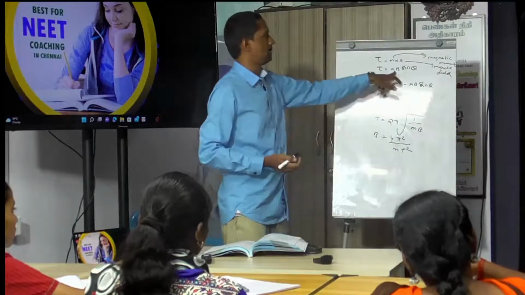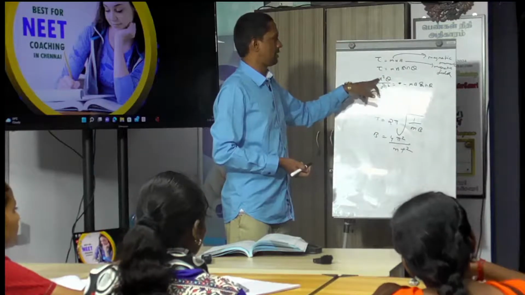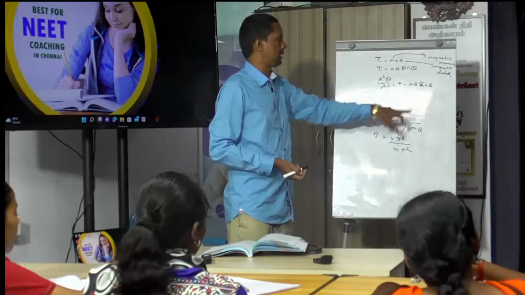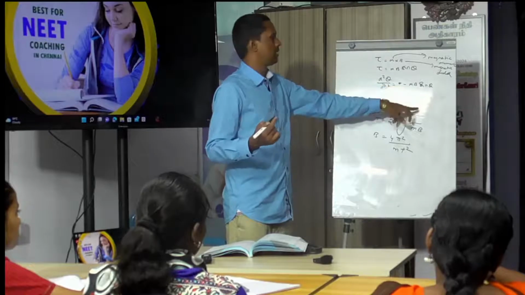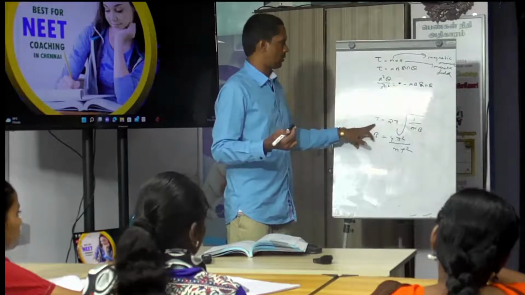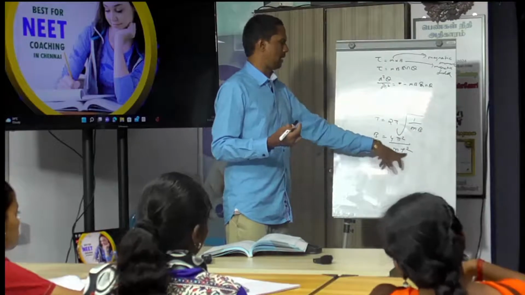Then torque is equal to mB sin theta. You know very well how we got sin theta. And d square theta by dt square is equal to minus mB sin theta. If theta is very small, sin theta is equal to theta. So T is equal to 2 pi root of 1 by mB, and B is equal to 4 pi square m by T square.